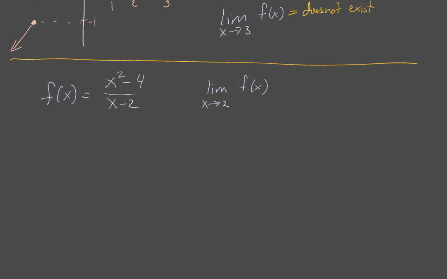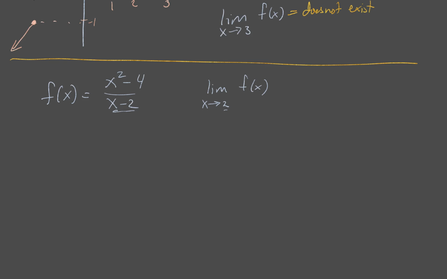This is a rational function, so you might think it's continuous, and if it was continuous we could just plug in this 2 value and see what happens, but if I plug in this 2 value, I get 0 divided by 0. And if you get 0 divided by 0 in one of these expressions, there's a good chance you'll be able to do some algebraic manipulation and maybe cancel something out and see what happens. But since we can't plug in 2, I get division by 0, we're going to plug in numbers that are really, really close to 2.